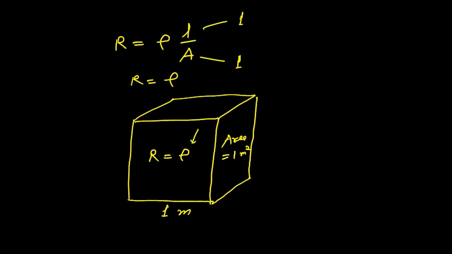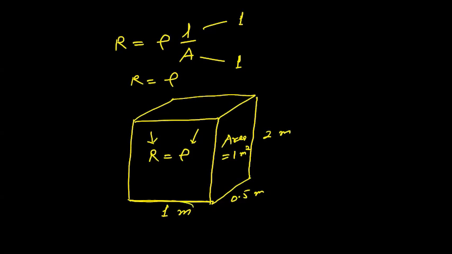Resistivity is equal to the resistance of a material when its length is 1 meter and cross sectional area is also 1 meter square. Now area 1 meter square can be 1 by 1, or it can be 0.5 meter by 2 meters. Even then the cross sectional area will be 1 meter square. It does not necessarily mean that you have to have all dimensions as one.